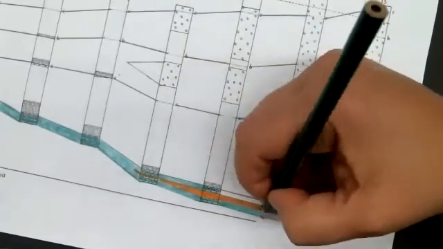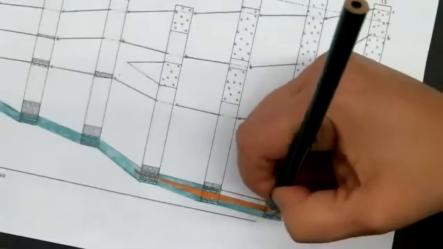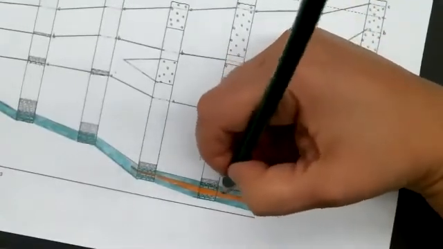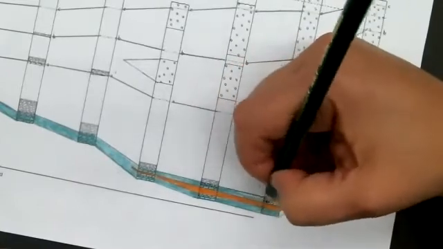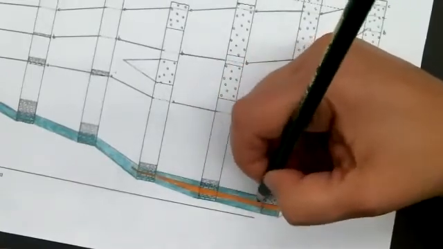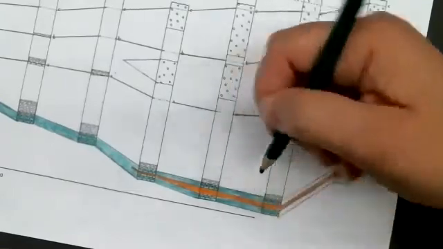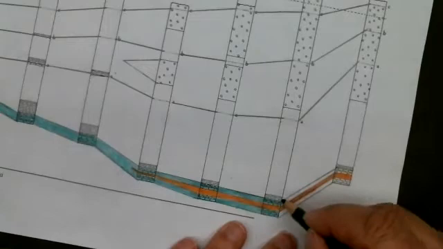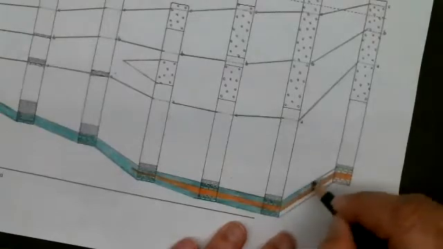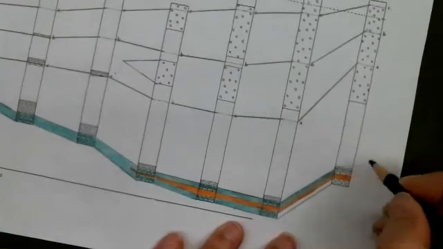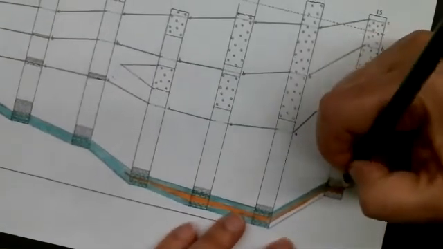So limestone typically forms in deeper water environments. I find it interesting that there's limestone all across these columns. So this whole area at one time was the bottom of the ocean. And some limestones formed as a coral reef.